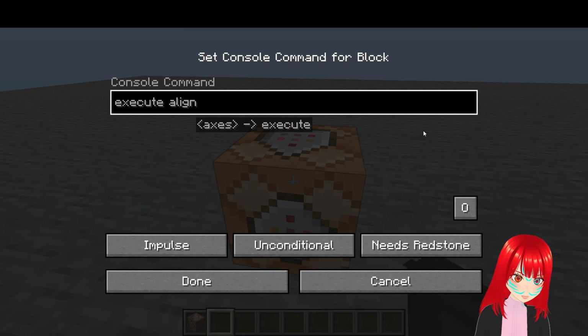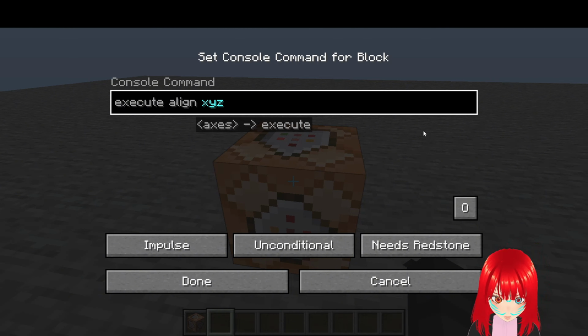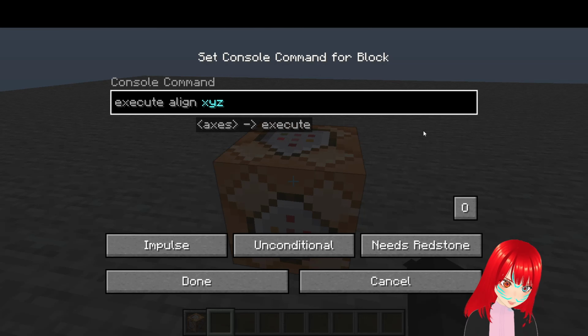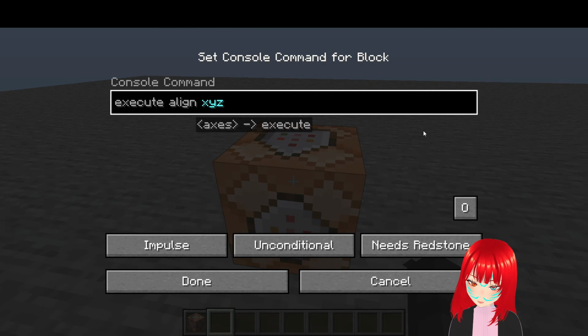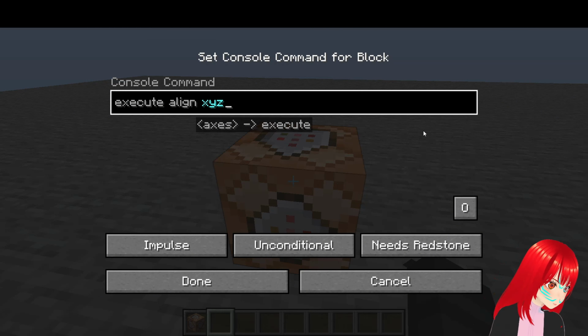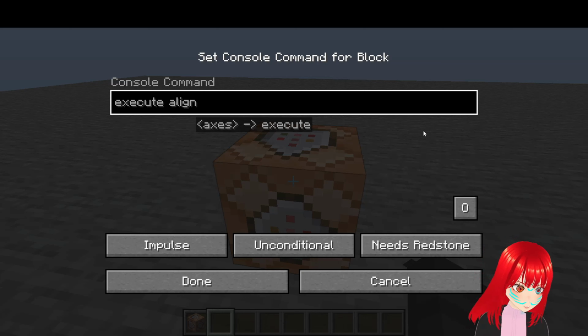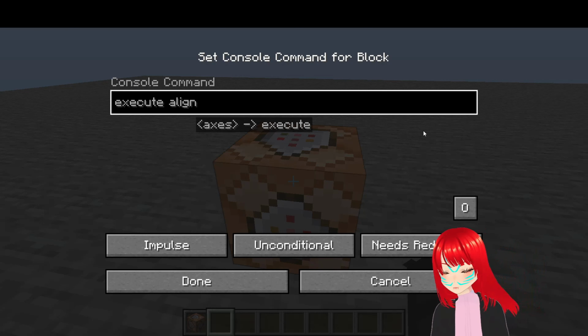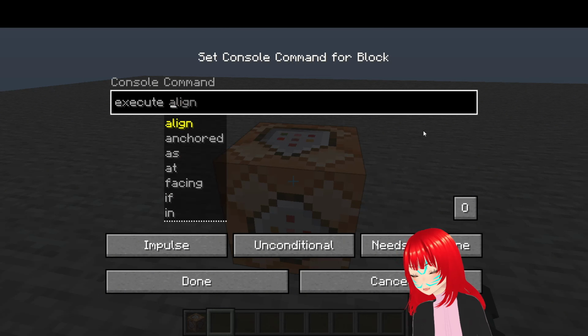This will cause it to run and align based on whatever you type here. X, Y, and Z. It'll align in the exact center of their block on the bottom half of the entity if it's 2 blocks tall. If it's 3 blocks tall, I think it's still on the bottom, but I could be wrong. I don't really remember. The only mob that would count for that would be like the Enderman or Ghast or something. But that's basically align.